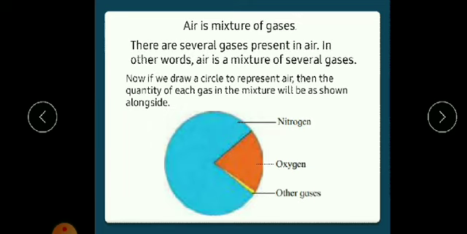Children, air is a mixture of gases. There are several gases present in air. In other words, that is why it is said that air is a mixture of several gases.